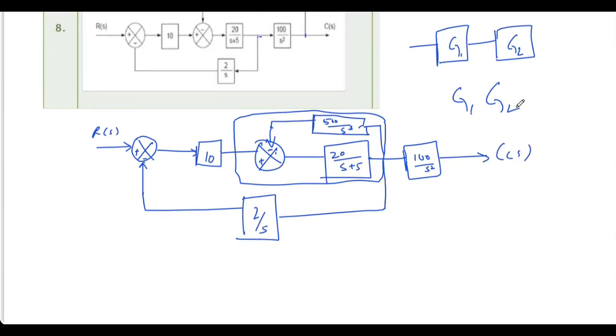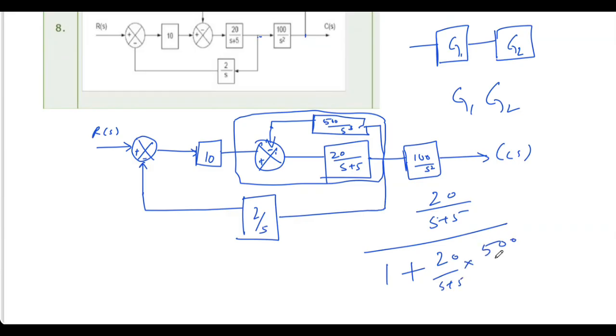Okay. So for this, it will be 20 by S plus 5 numerator divided by 1 plus 20 by S plus 5 into 500 by S cube. So what I'll do, I will multiply numerator and denominator by S cube into S plus 5.